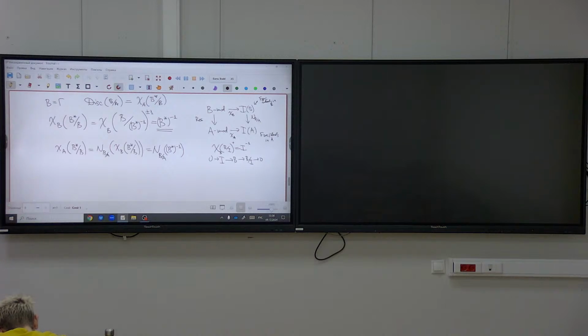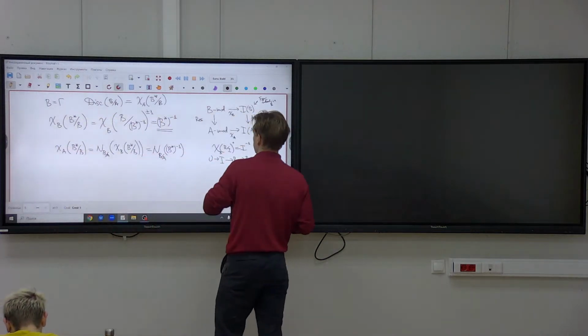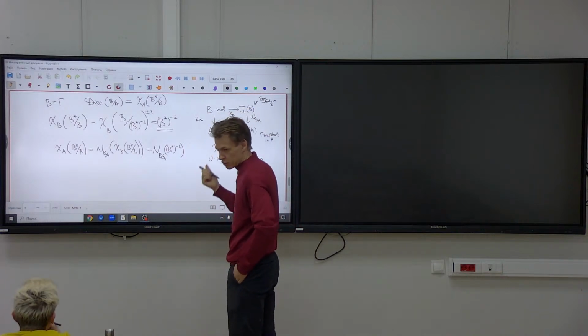So that's why we have this formula for the different. It is more or less a tautology from the viewpoint of a formula on K-groups.